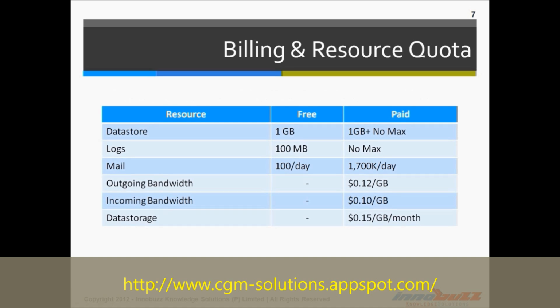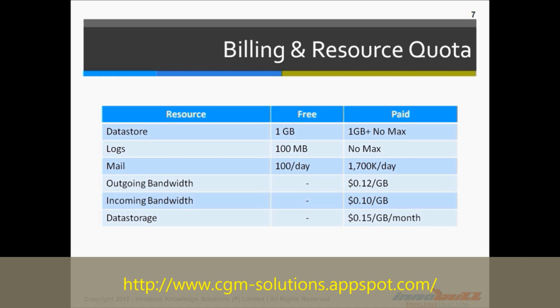Let's compare free and paid services. The data storage is 1 GB for a free account and there is no maximum limit for paid accounts, but you still get 1 GB free. You can store your logs up to 100 MB for free accounts and there is no maximum limit for paid accounts. For mail services, you can send 100 mails per day with the free account.